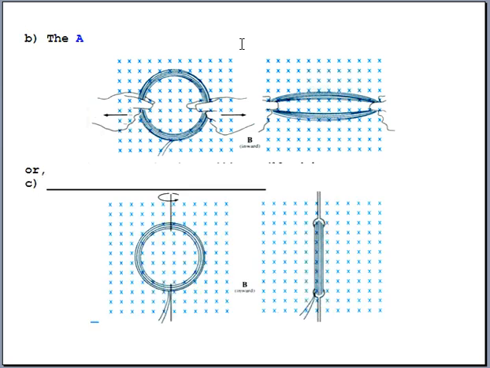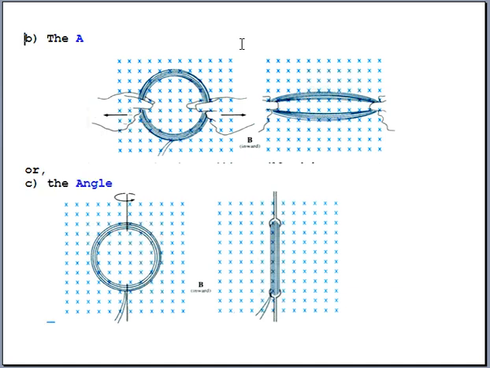Here's another option. You could play around with the dot product. You could change the angle of alignment between the opening and the magnetic field. The picture on the left has magnetic field flowing beautifully through that opening. But you can see from the little twirling arrow here that if you start twirling this coil, then at some point the magnetic field from some other magnet can't get through the opening.